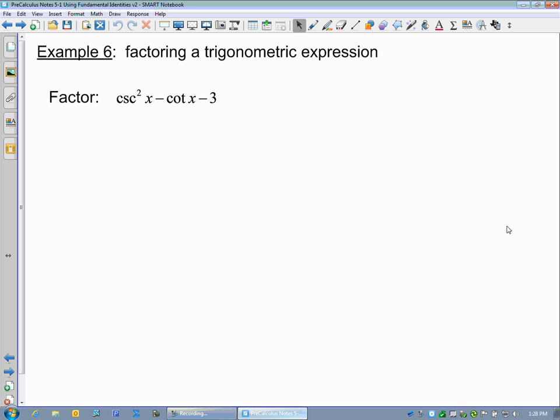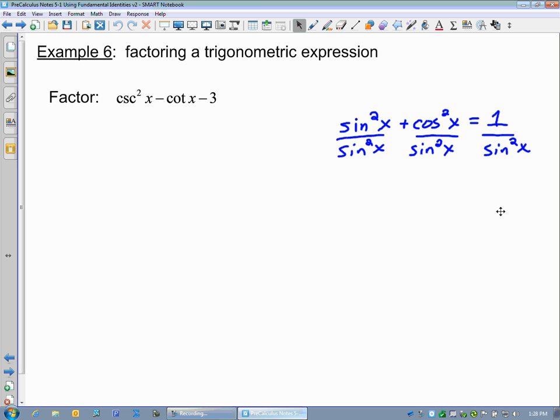And in case you forgot which one that was, you should always remember the standard one, which is sine squared plus cosine squared is 1. And you can always derive the one you need. If I need something that has cosecant squared, then cosecant is 1 divided by sine, so you divide through by sine squared. 1 divided by sine squared gives me cosecant squared.